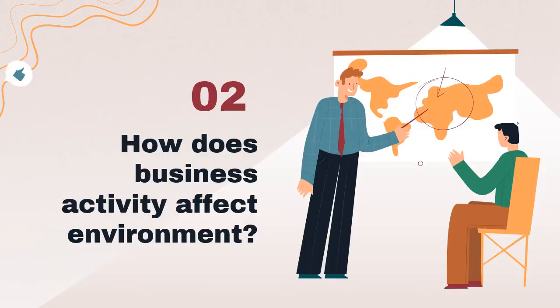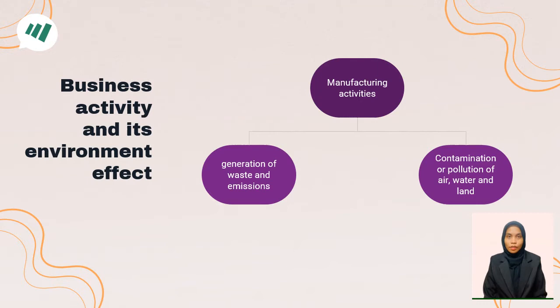Next, we will explain how business activity affects the environment. So, how does business activity affect the environment? Most organizations purchase energy, water, and other materials to support their activities.